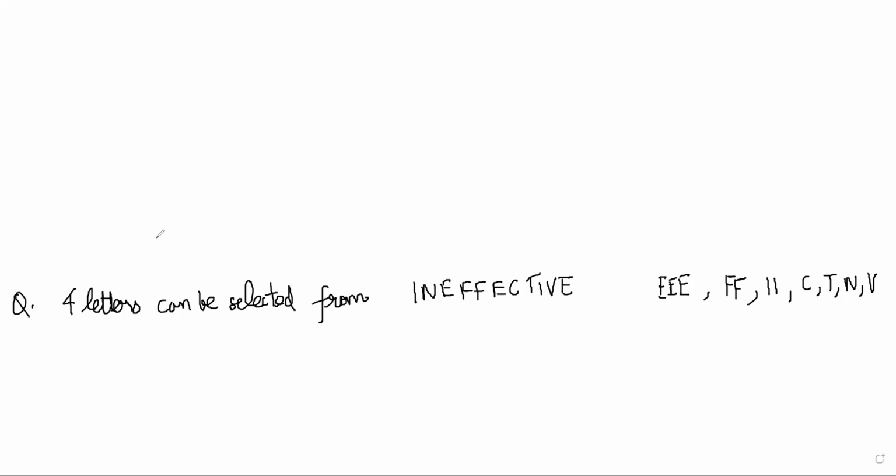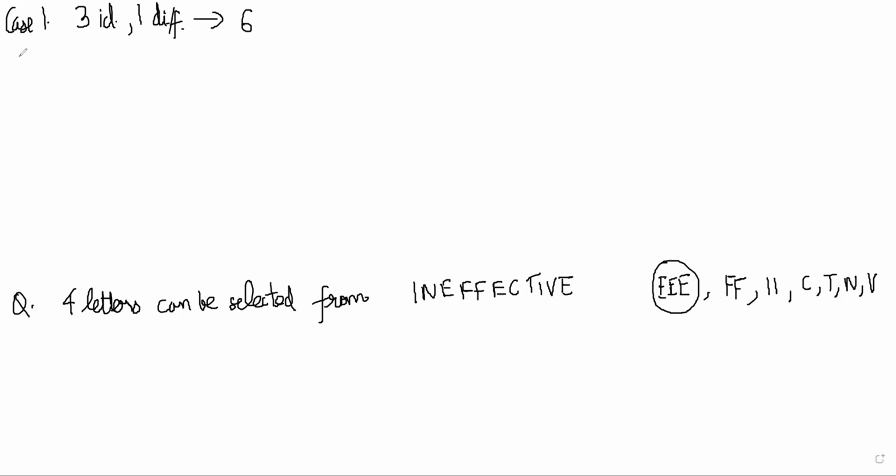Case one will be three same and one different. For the three same, there is only one way. For the one different, how many possibilities? One, two, three, four, five, six. 6 possibilities, I forgot the F and I. So the 6 ways for case one.